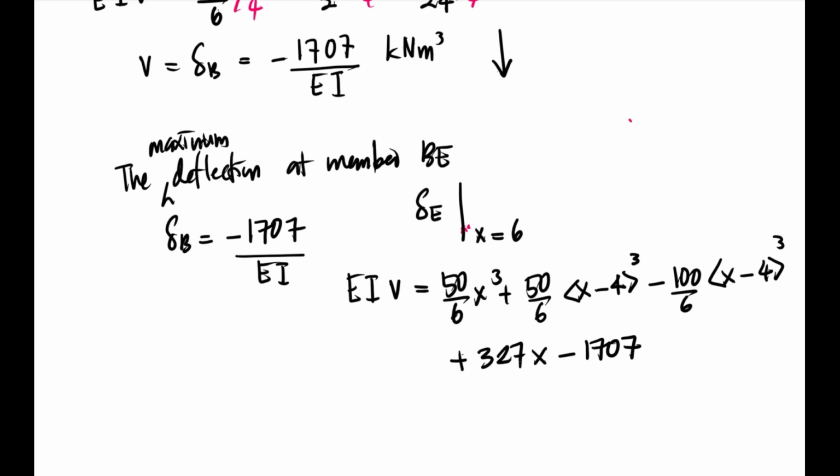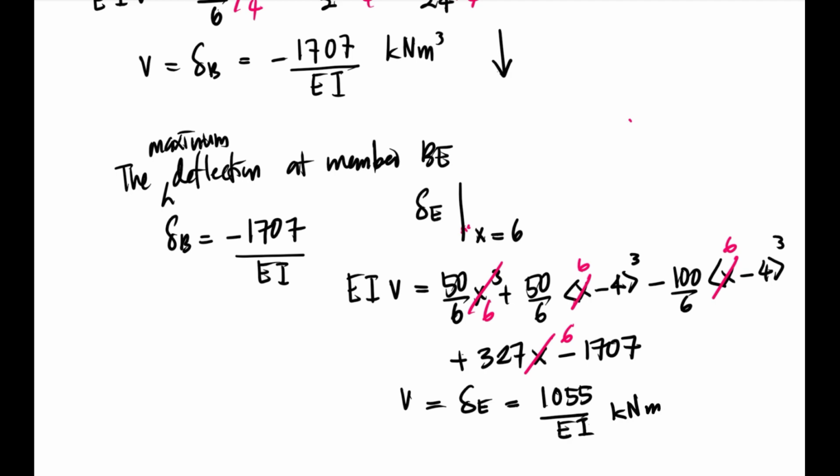So I substitute x equals 6. So we can define that v equals delta E is equal to 1055 divided by EI, kilonewton meter cube.